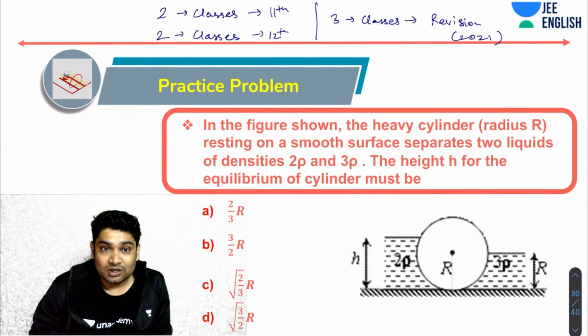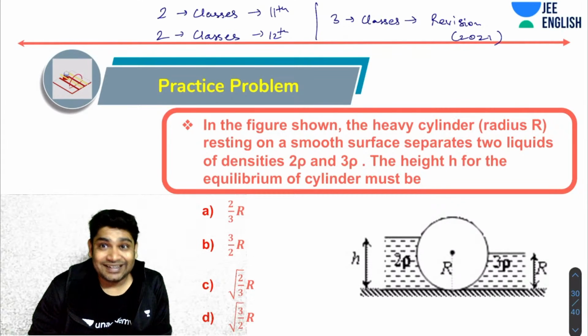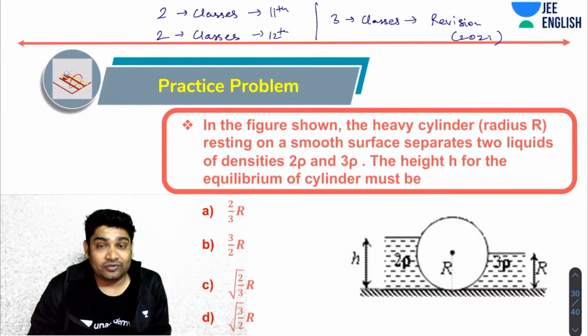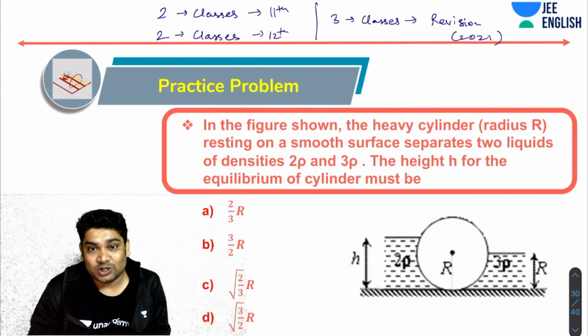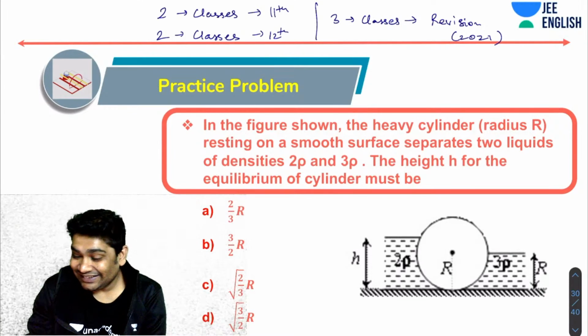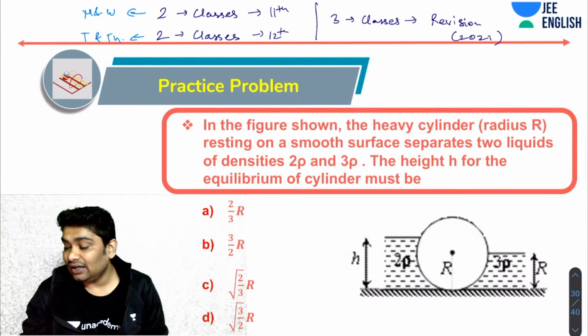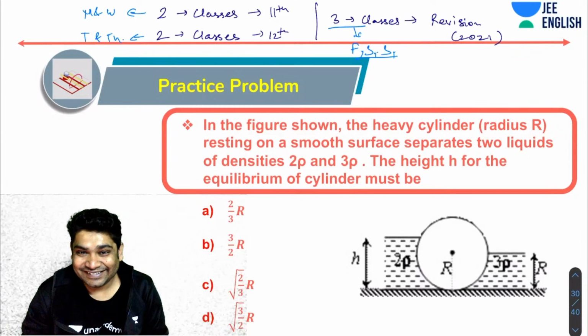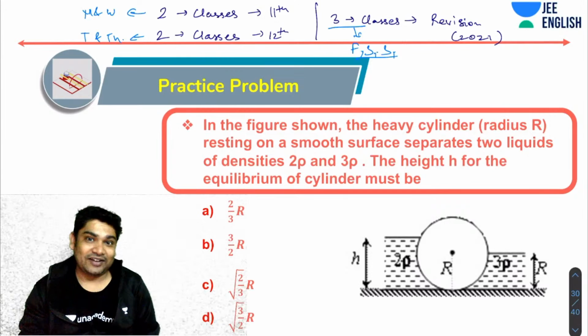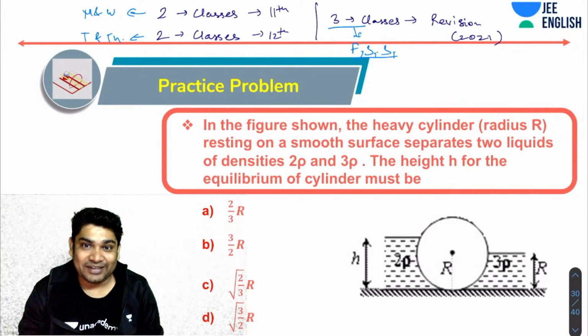So 2 classes for class 11th, 2 classes for class 12th, and then 3 classes for revision for 2021 aspirants. Okay. That is my entire schedule, if you must know. This happens on Monday and Wednesday. This happens on Tuesdays and Thursdays. This happens on Friday, Saturday, Sunday. So I'm taking classes 7 days a week, all 7 days from 4 to 5:30. That's my fixed timing. Okay, you will find me here on this channel.